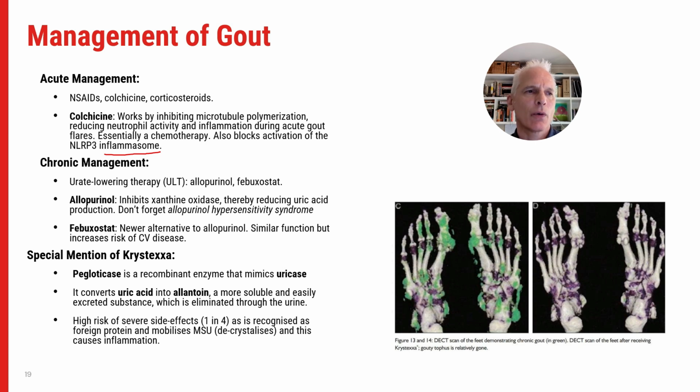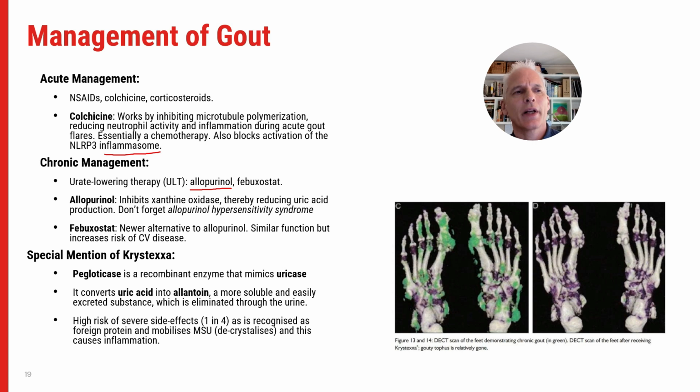Now, the mainstay of management of gout over the longer term are basically 2 drugs. The one that you're going to hear mostly is allopurinol, and the way allopurinol works is by inhibiting xanthine oxidase. And if you go back to those original flowcharts I showed you before, when we break down purines, we use xanthine oxidase, an enzyme, to break it down into uric acid.